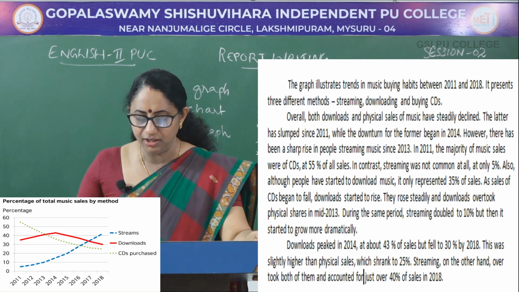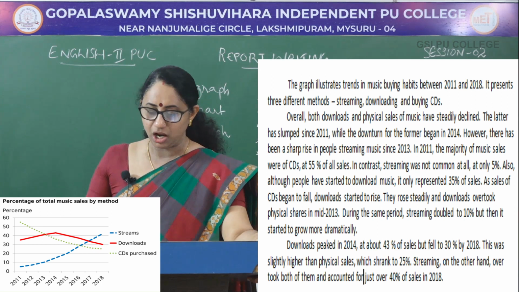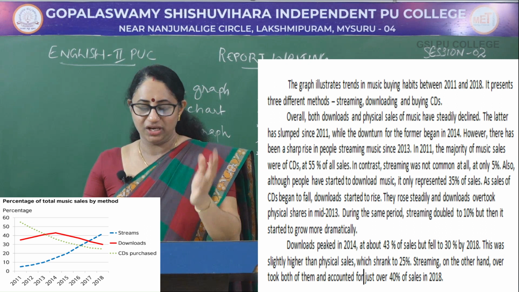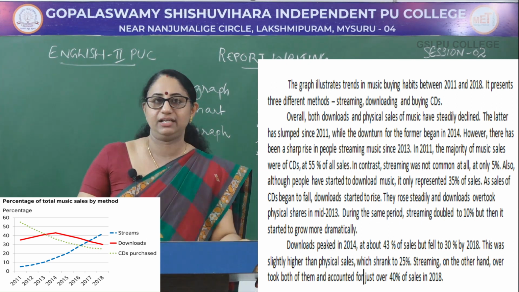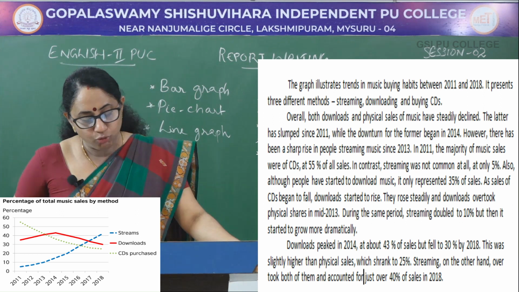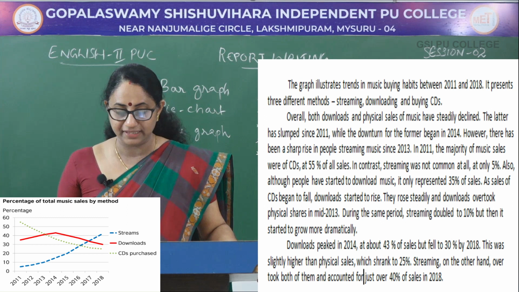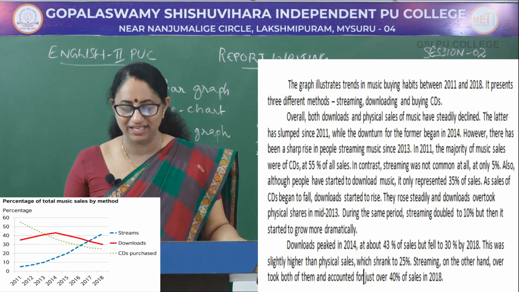During the same period, streaming doubled to 10%, but then it started to grow more dramatically. So now the growth of streaming is explained by means of percentage as it is represented on the graph. Downloads peaked in 2014 at about 43% of sales, but fell to 30% by 2018.